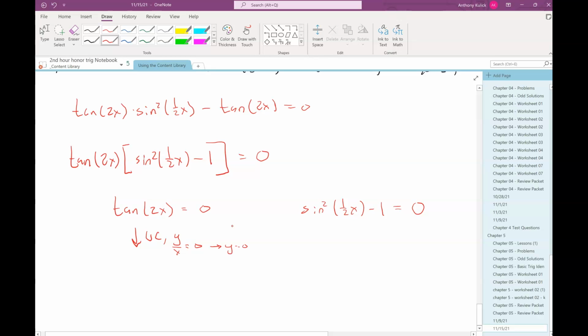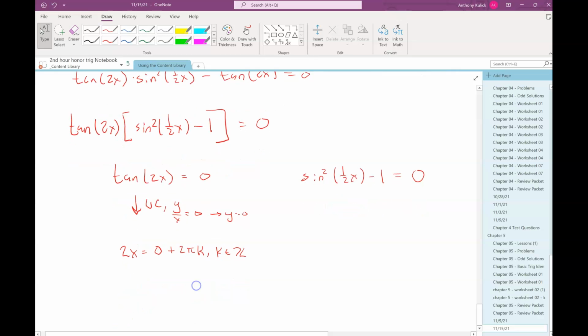Everybody agree with that? So we have 2x equals 0 plus 2 pi k, and pi plus 2 pi k.